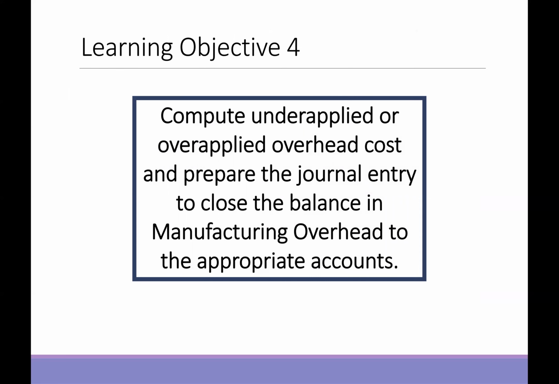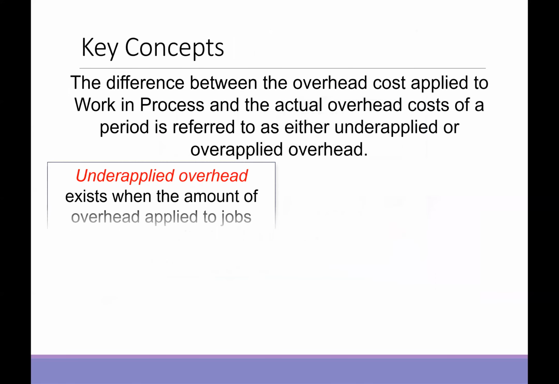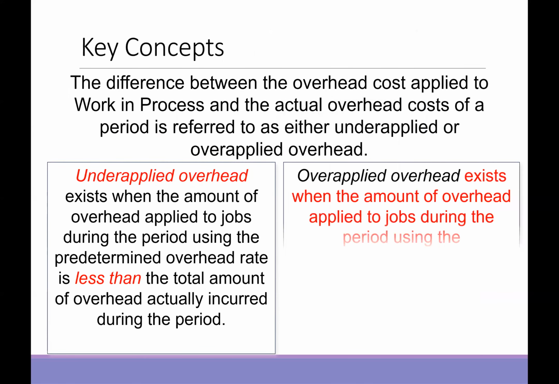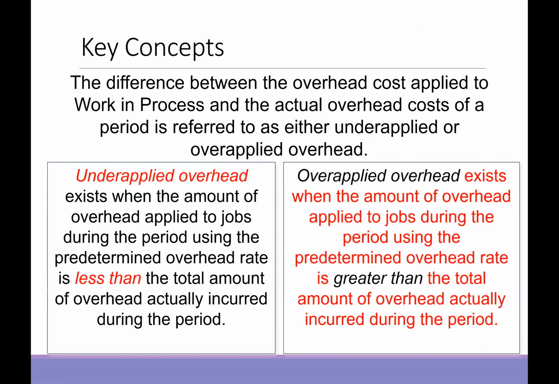Now how do we compute the over or under applied? Pretty simple. The difference between the overhead applied and the actual is going to either be over applied or under applied.